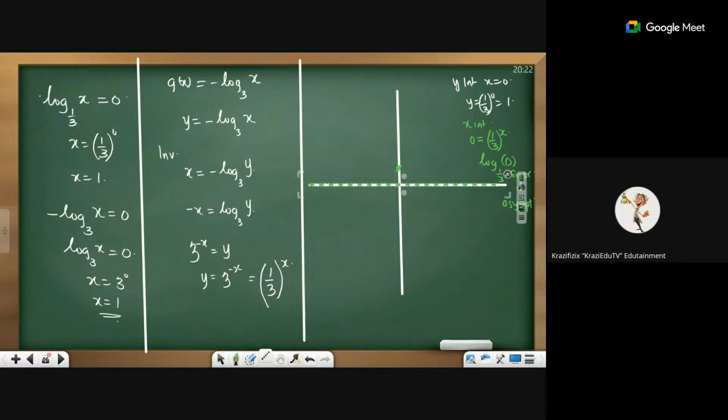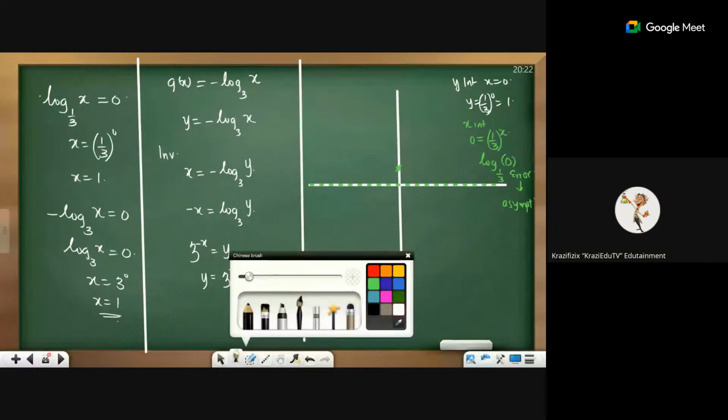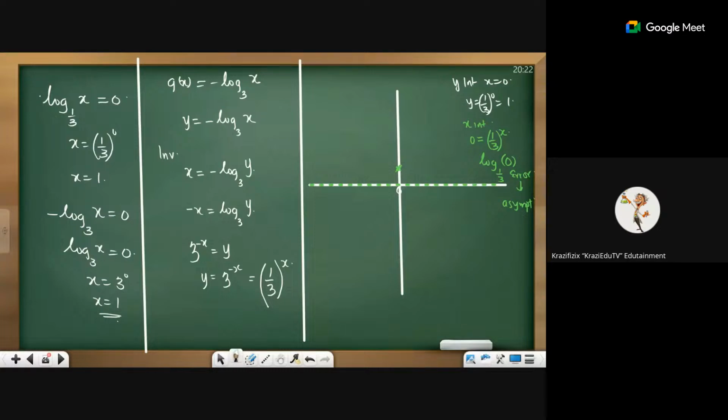So where the graph is going, right? Very simple, my beautiful learners. Just grab your calculator, put a 0 there. Look for -1 and look for 1. Come, let's do it. Remember, that is 1. Already we have that. Okay. Y equals to 1 over 3 to the power of 1.